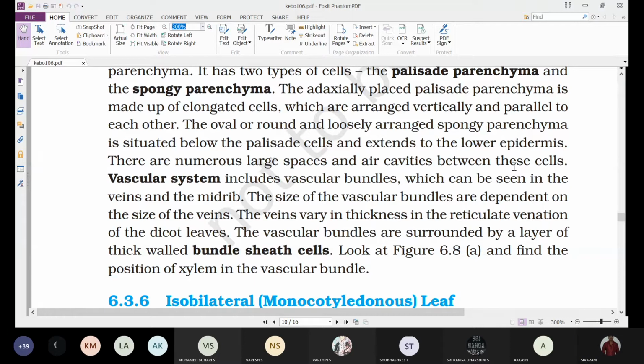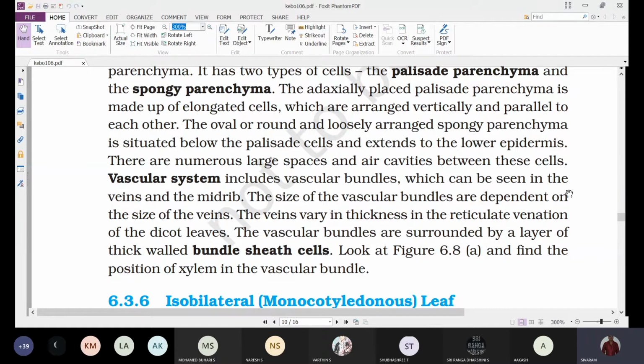This is because the veins are of different sizes: we find veins, veinlets, and smaller and further smaller veins too. Depending upon the size of the vein, the size of the vascular bundle will vary. As we find different sizes of veins in a reticulate venation, because the dicotyledonous leaf usually shows reticulate venation, the vascular bundles are also of different sizes.